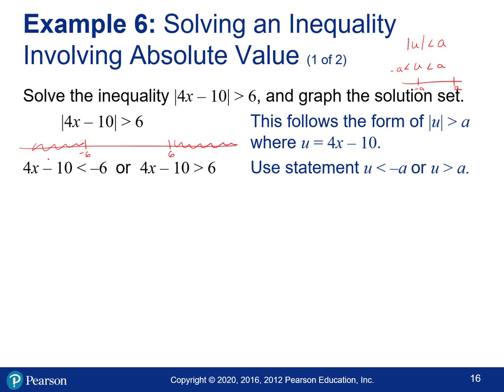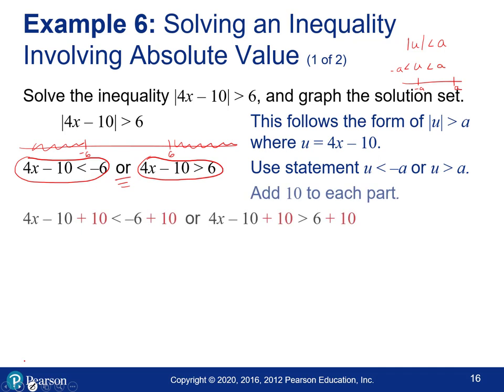So we can't combine these. We actually have to solve them separately. So we have one inequality here or this other inequality here, and we solve each one. So we have to split into two and solve each one, and then put the word or in between so you know that they are separate.